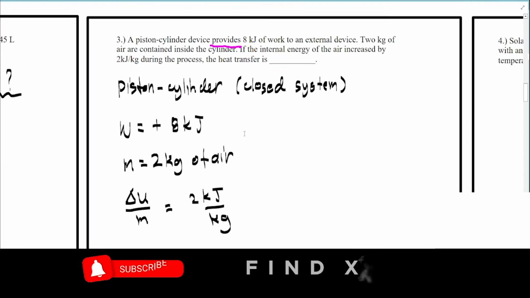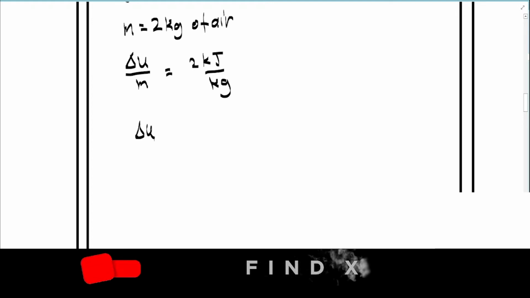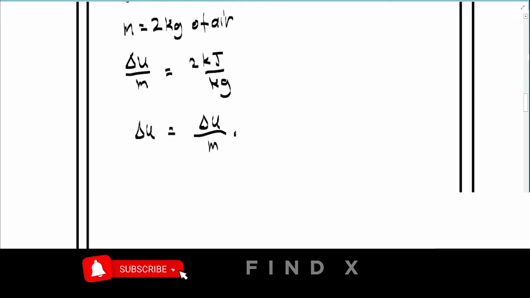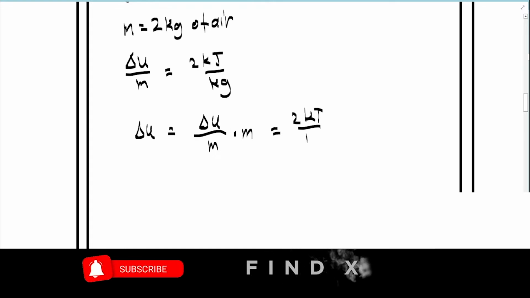So what do we do from here? We are looking for the heat transfer, or the Q, of course. To get delta U, we have delta U over M times mass. So this is 2 kilojoules per kilogram times the mass of 2 kilograms.